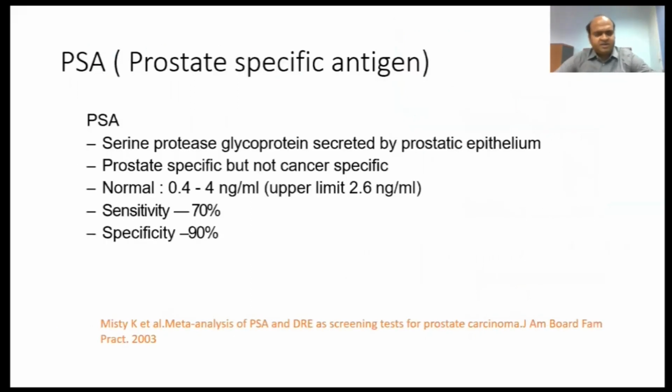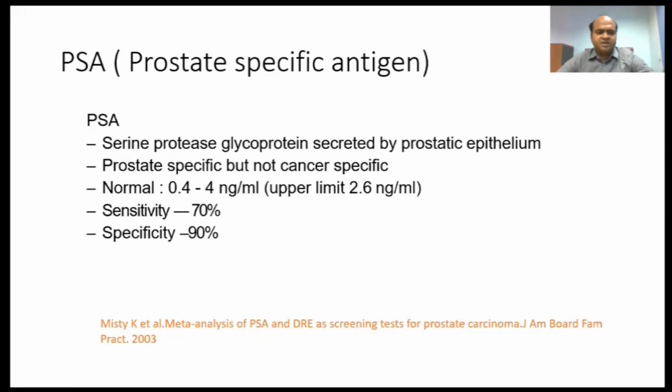Next is PSA. PSA is a very important aspect for prostate cancer diagnosis as well as prostate cancer screening. PSA is a serine protease glycoprotein which is secreted by prostatic epithelium. It is prostate specific, but it is not cancer specific.